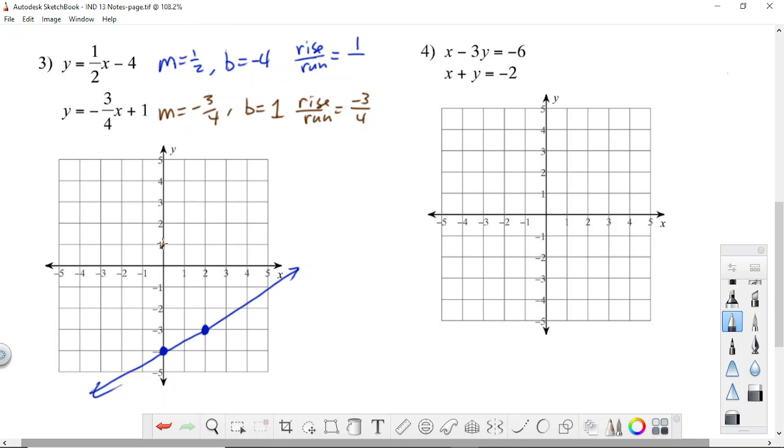Intercept +1 is right there. That's 1 point. Use the slope to get another point. Rise of -3 means down 3 like that. Oh, that's pretty sloppy. Try that again. Down 3, 1, 2, 3. Run of 4 gets us over to there.